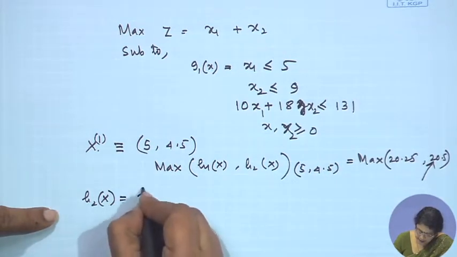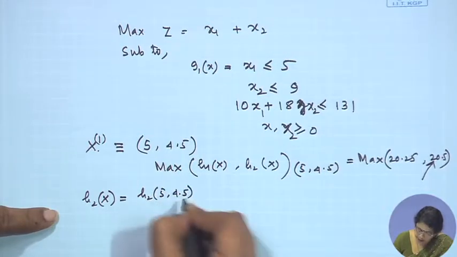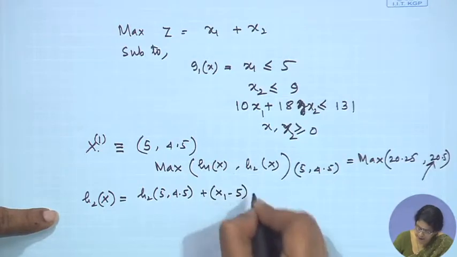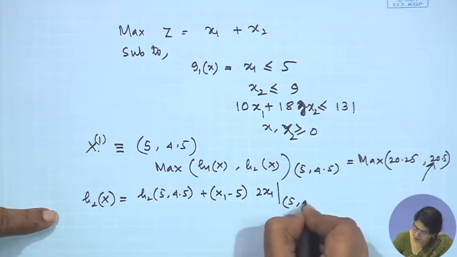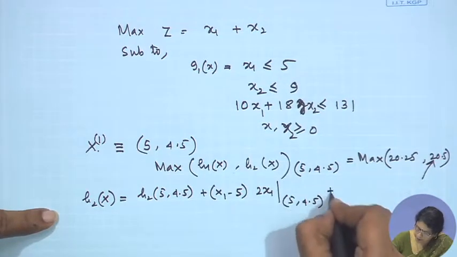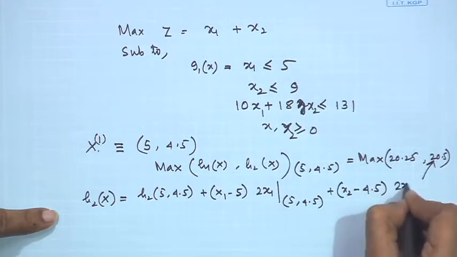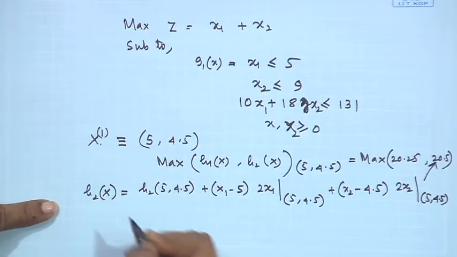H2(x) will be written as H2(5, 4.5) plus (x1 minus 5) times 2x1 at (5, 4.5) plus (x2 minus 4.5) times 2x2 at (5, 4.5), no problem.